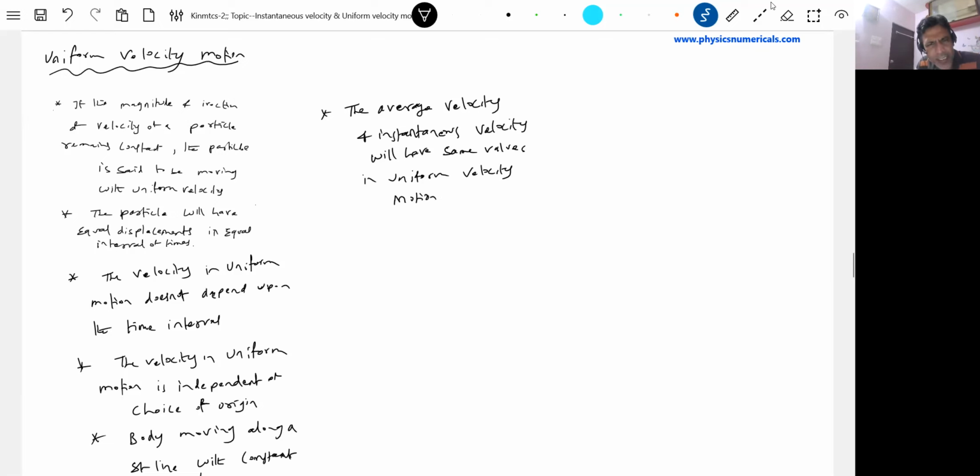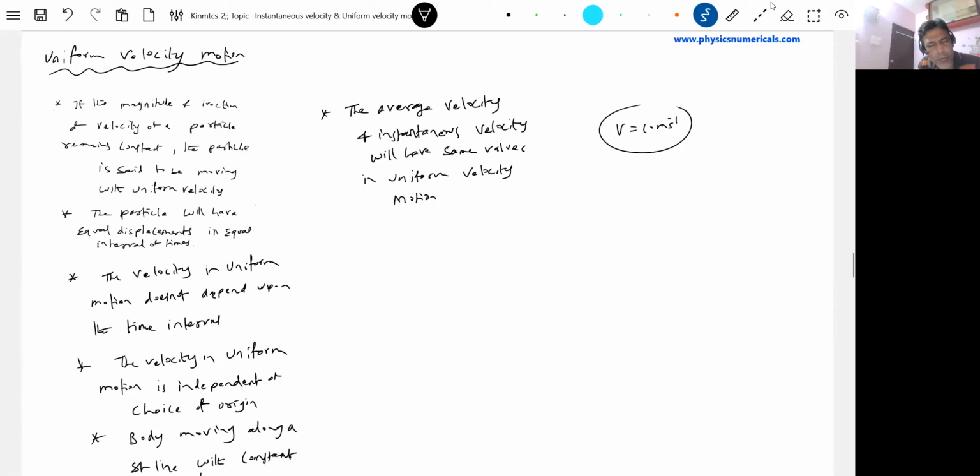If you didn't understand, say a body moves with 10 meters per second, and it's constant, then you calculate average velocity for any interval. It will become equal to instant velocity only.